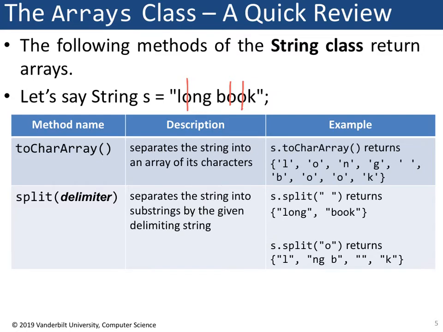So then we have a string from here to here, from here to here, and then from here to here, and then from here to here. So we have 3 occurrences of our delimiter O. That's going to split our string into 4 individual strings returned in this array.